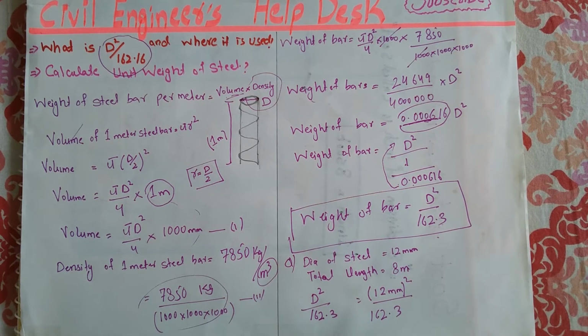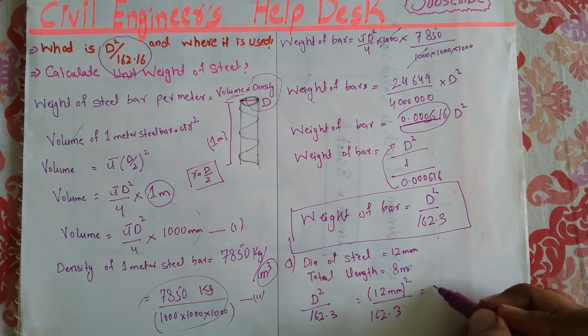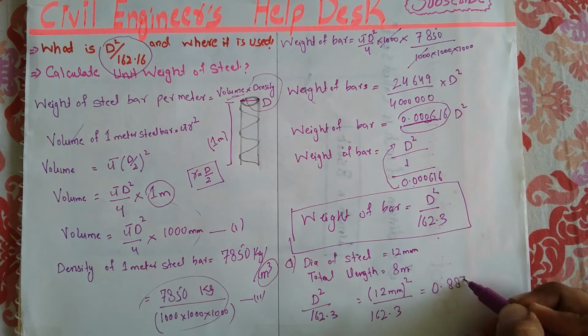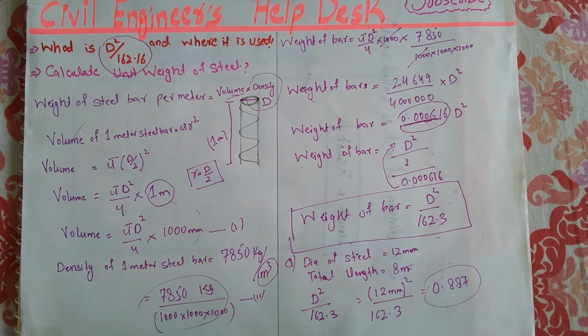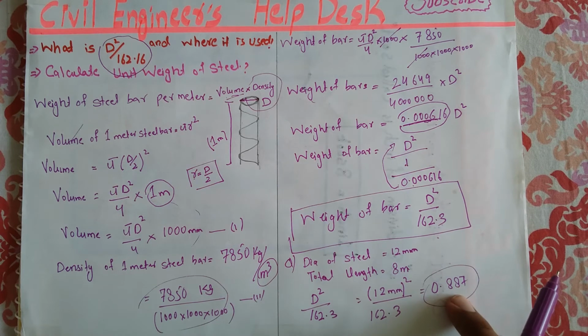So take the square of 12 and then divide it by 162.3. Then what you will get? You will get 0.887. It means that for any bar whose diameter is 12 mm, its unit weight will be 0.887 kg.